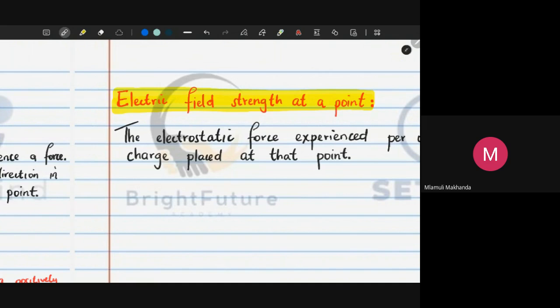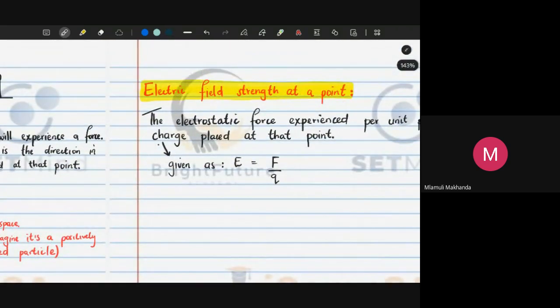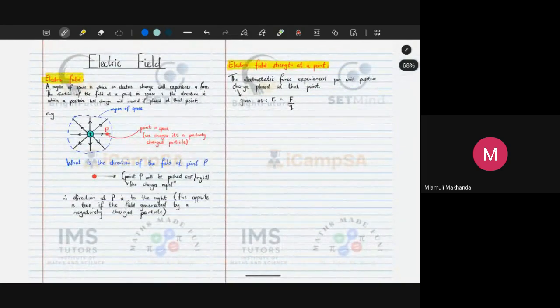Usually it is given as E = F over Q, where E is the electric field, F is the electrostatic force, and Q is the electric charge. So what does it mean?